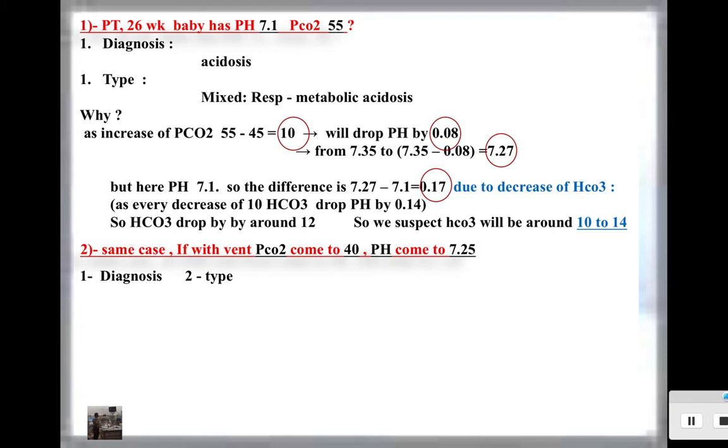Every decrease of 10 in bicarb will drop the pH by 0.14, so 0.17 will come from a drop of the bicarb by around 12. If we consider the normal is 22, we find that if the blood gas is complete, the bicarb must be 10. If we consider 26 in a term baby, it will be 14.